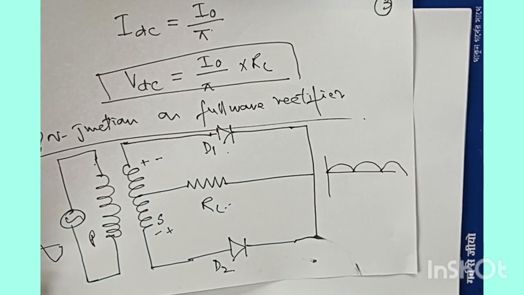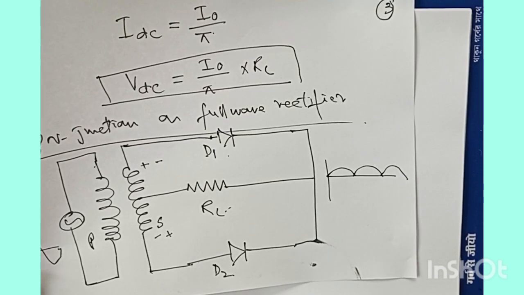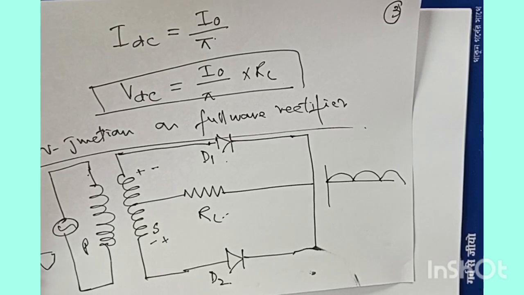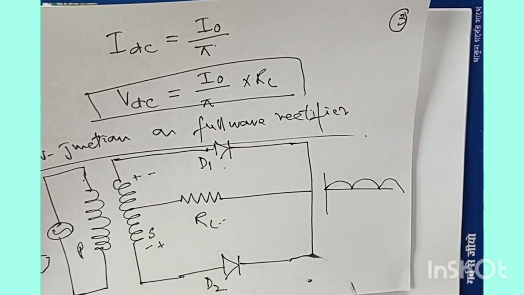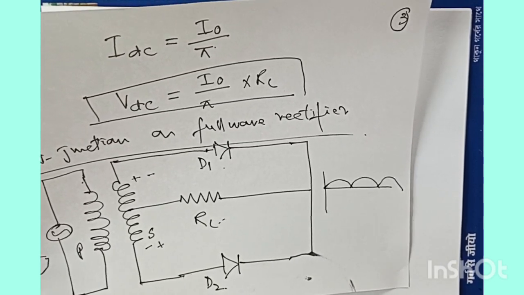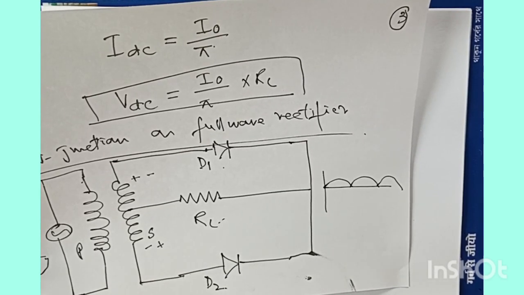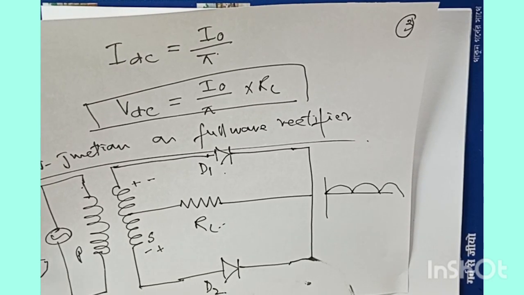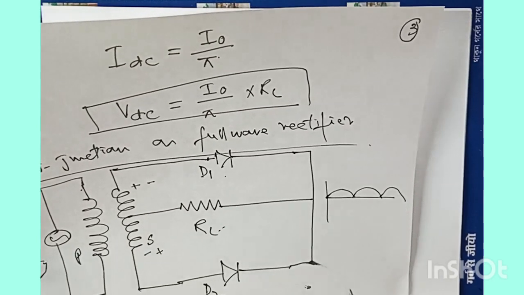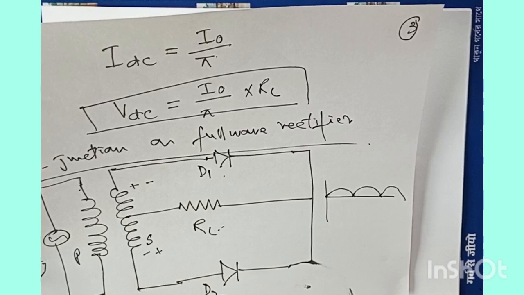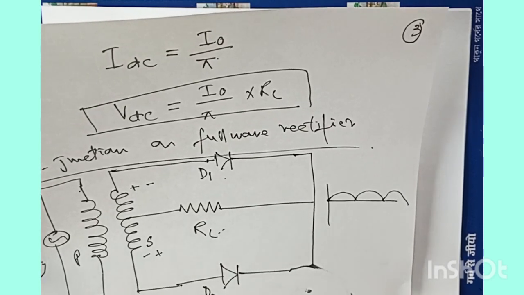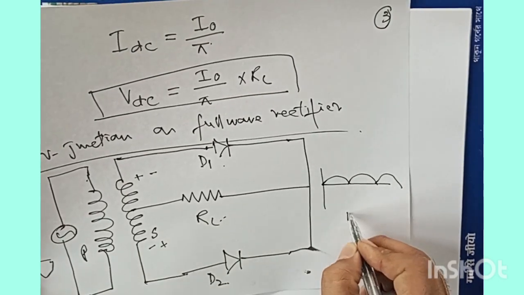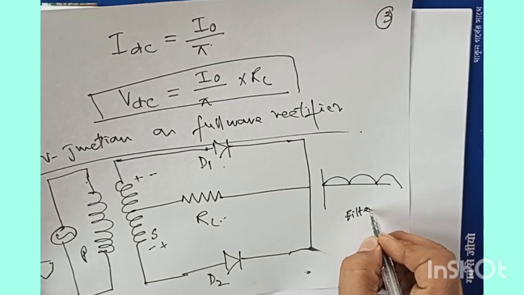So its efficiency is certainly more than that of a half wave rectifier. However, the output is again fluctuating. It's not the same as we expect. The presence of these pulsating DC signals, having some AC components in them, can be smoothed by making use of filter circuits. So for that we make use of filters, right?